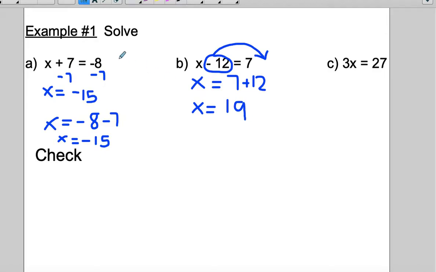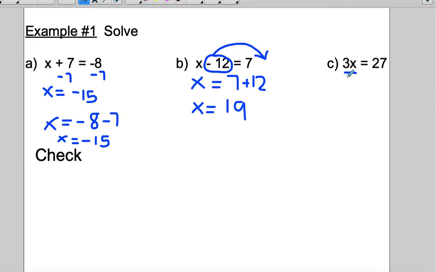So we're doing the opposite operation. In the first question, it's an addition, but we're actually moving it over to subtract the 7. Here we've got a subtraction, but we're moving it across the equal sign to do the opposite operation, which is addition. If we have something that's being multiplied, the opposite operation of multiplication is division.